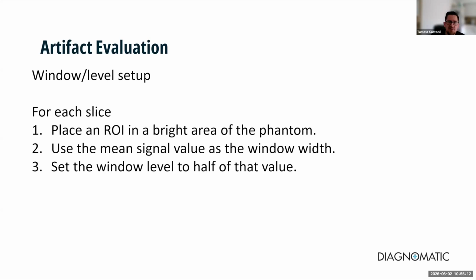For artifact evaluation, we adjust the window and level of each slice. The ACR method is to place an ROI in a bright area of the phantom, take the mean signal value, use the value as the window width, and then set the window level to half of it.